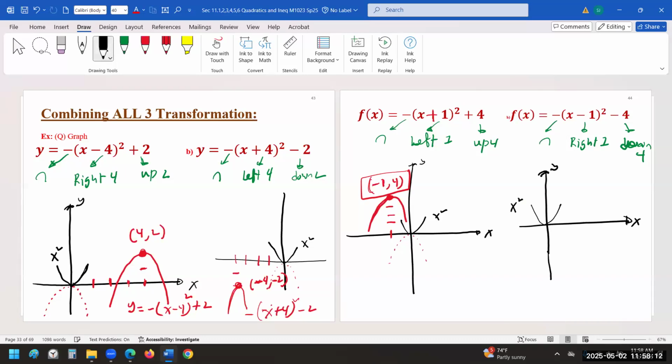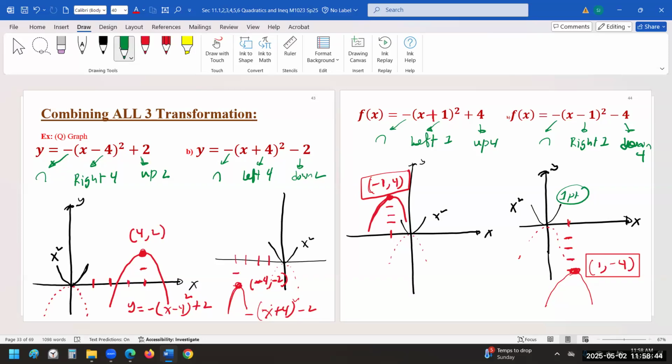So original x squared, we are reflecting, and this reflection goes 1 right, 1 down, 2 down, 3 down, 4 down here, and into the new graph. So what is our new vertex? 1, negative 4.